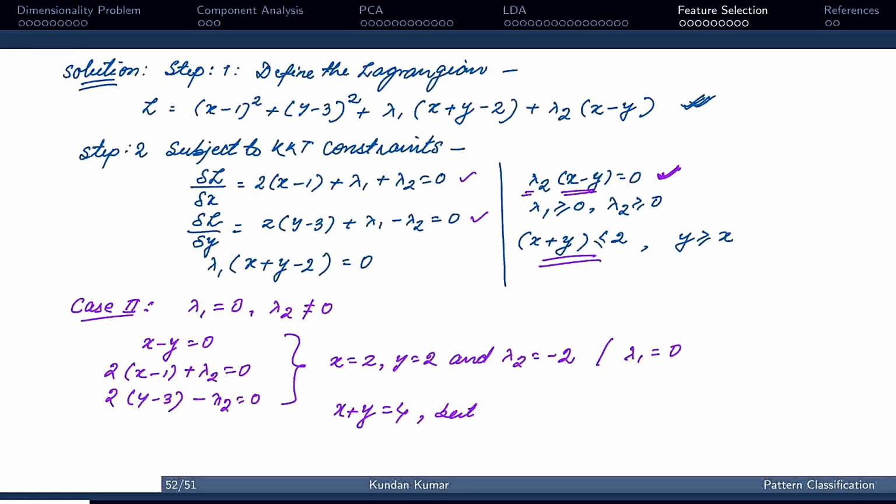But we have x plus y less than or equal to 2. So it is not a feasible solution.